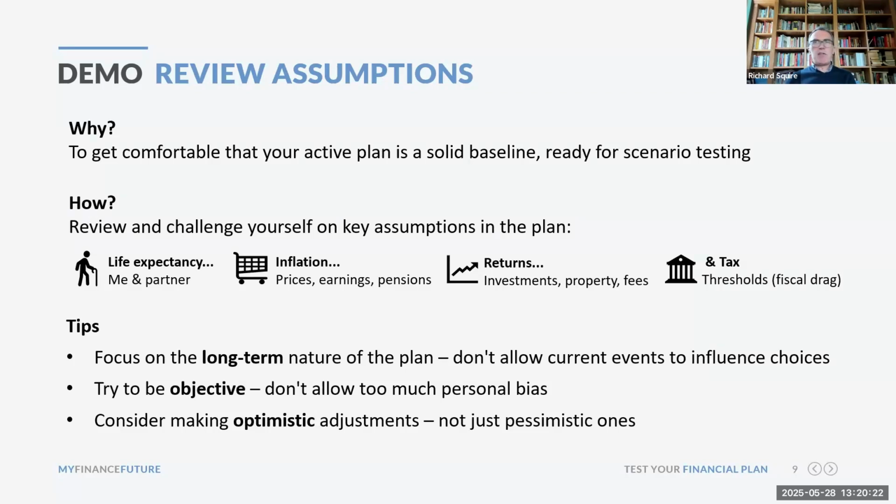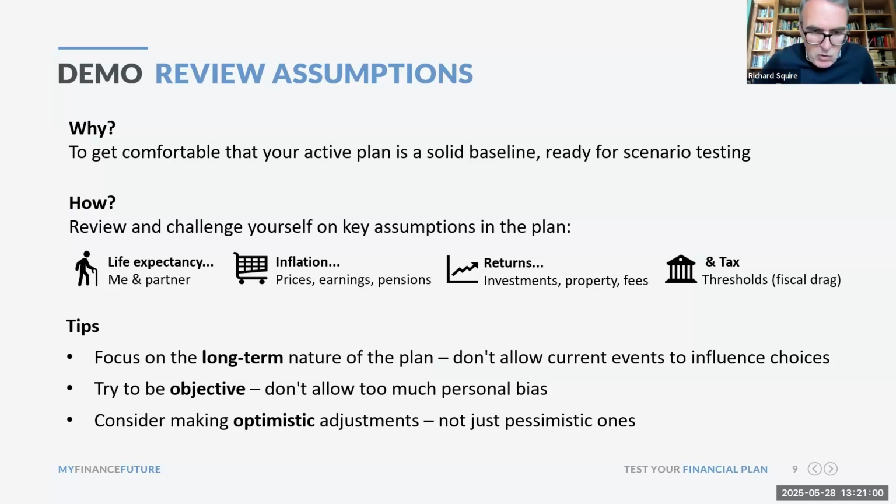We've got to think about, say, for inflation, in the UK we've experienced high inflation for the last couple of years, but 2 years in a 35-year period are a relatively short period and don't affect the long-term average very much. So we have to think about that when setting the median values in the planner, and treat any major deviations from that as maybe a case or a scenario to test, rather than treat it as something we put in there for the long term based on maybe current values.